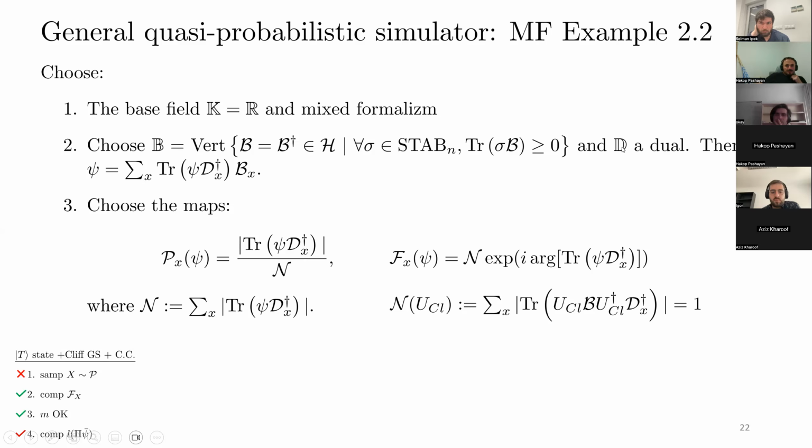Even if you define your dual frame to be the self-dual frame, up to a renormalization of the B's, proportional to the B's, you'd still be stuck with having to compute the trace of bx times pi for some projector pi.